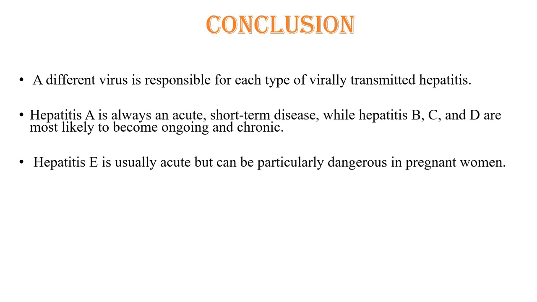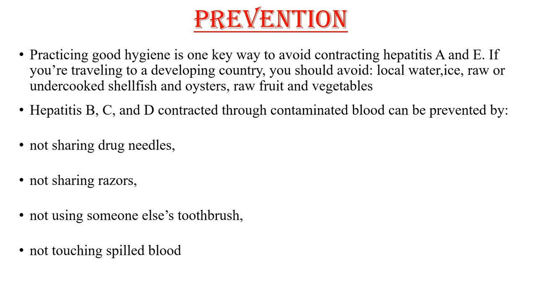Hepatitis A is usually an acute short-term disease, while hepatitis B, C and D are most likely to become ongoing and chronic. Hepatitis E again is usually acute, but a serious condition may arise in the case of a pregnant woman. It is dangerous.